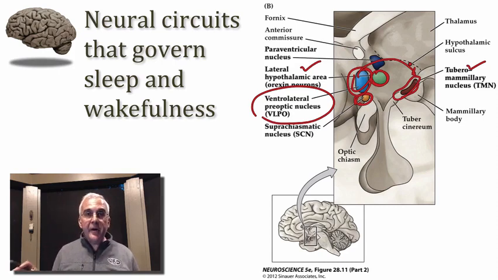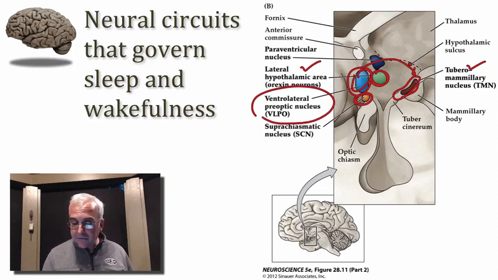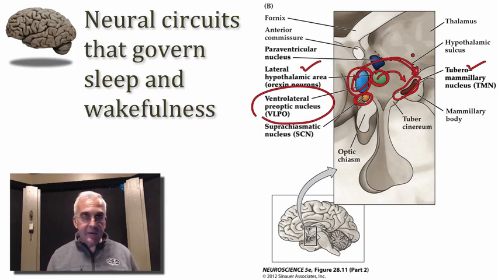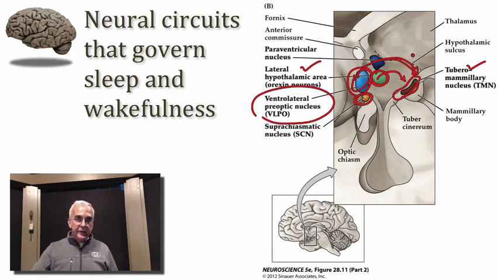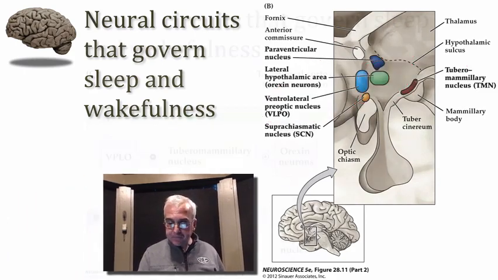So this preoptic area is going to try to suppress the activity of these histaminergic neurons among some of our other activating neurons. So there's a bit of a push and a pull that's happening here, with the orexin neurons providing the push signal, promoting wakefulness, and this preoptic region providing the pull signal, which is trying to pull the brain into a state consistent with drowsiness and eventually falling asleep.